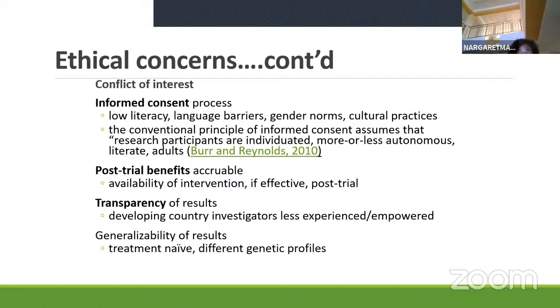I had mentioned the post-trial benefits that could accrue, whether it's availability of the intervention post-trial, during the trial, etc. Any participant during the research has the right to withdraw, and every effort must be made by the researcher to maintain the health of the participant to the highest level possible.